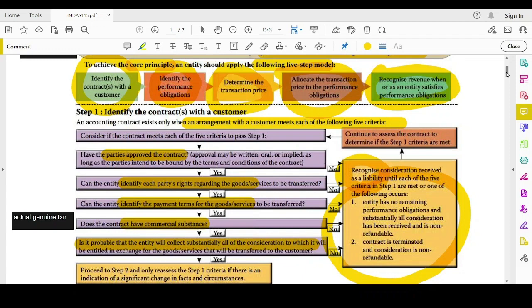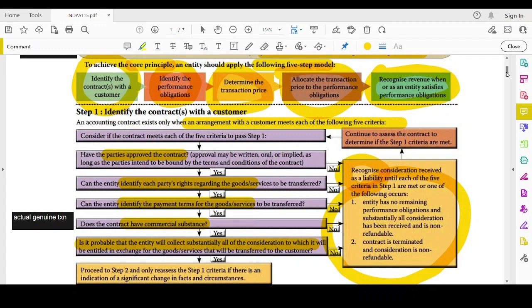Or the contract has been cancelled or terminated and the consideration that has been received is non-refundable. So if all of the five conditions are met, or the entity has completed its performance obligation and the consideration received is non-refundable, or the contract has been terminated or cancelled and the consideration received is non-refundable, if either of these three conditions has been fulfilled, then we can recognize the revenue.